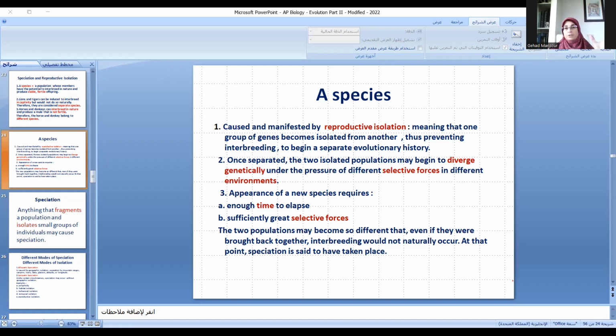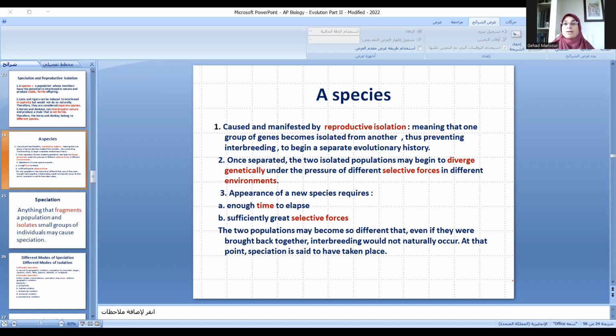We have an initial population, and then this population loses part of it, and they become isolated from the rest of the species, and they become exposed to new selective pressures. Like, for example, if you have a population that lives at the bottom of a mountain, and then all of a sudden a small population lives at the top of the mountain.